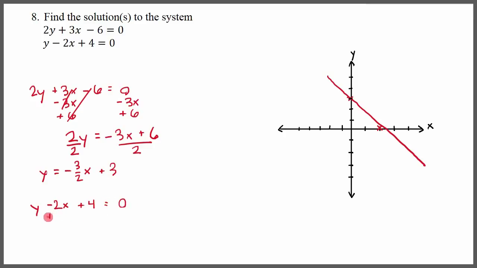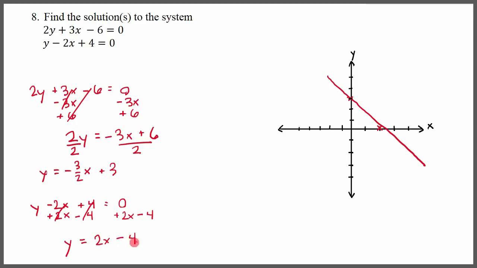We start with adding 2x to both sides and subtracting 4 from both sides. So our equation then becomes y equals 2x minus 4.